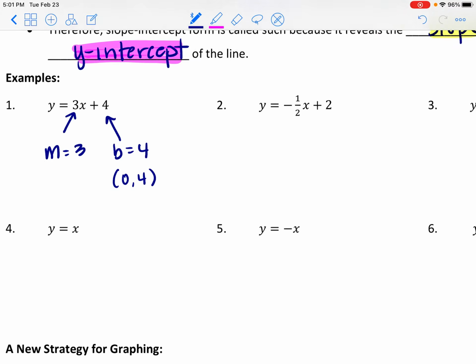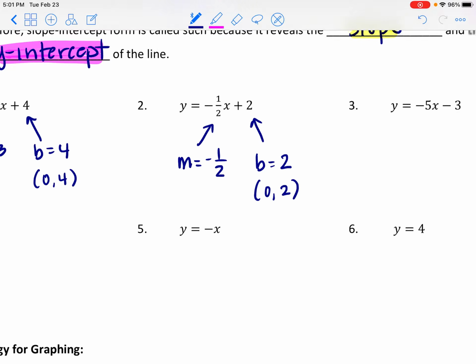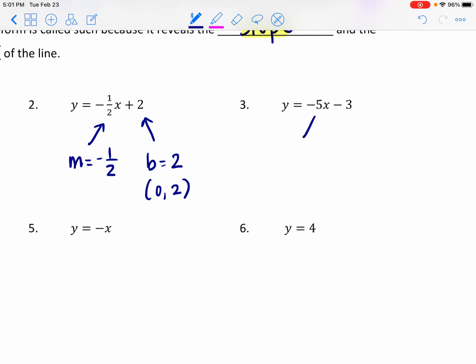Okay? Same thing here. I could see my slope is a negative 1/2, which means to get from one point to the next, I would go down 1 and right 2 on this graph. And then here, I can see that b is 2, which means this would cross the y-axis at 0, 2. And again, I can see here that my slope would be negative 5.